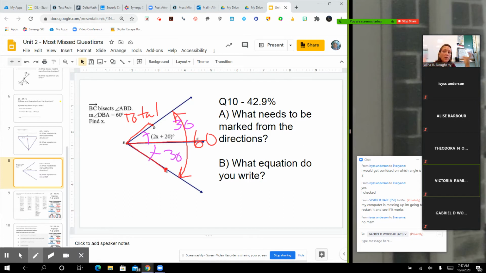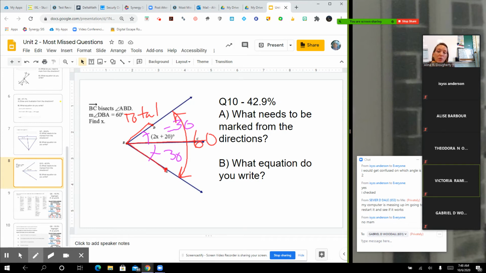So from all of that little bit of information and picture, we know that the whole angle from D to B to A is 60. And then we know it's been cut in half. So the top half, D to B to C, is 30, which equals 2x plus 20. These two things equal each other. And then the bottom half is also 30.